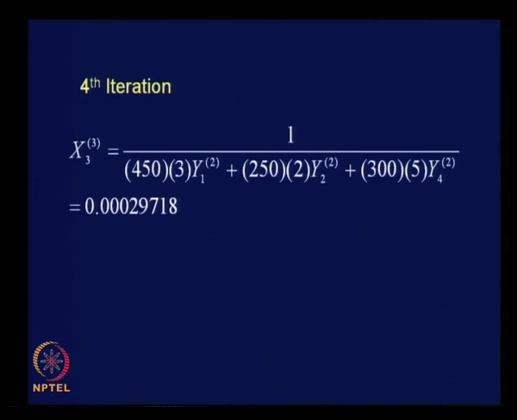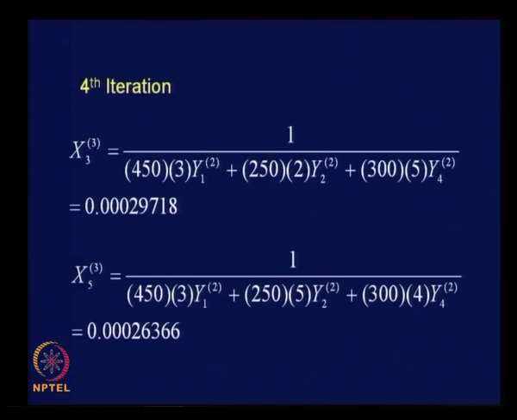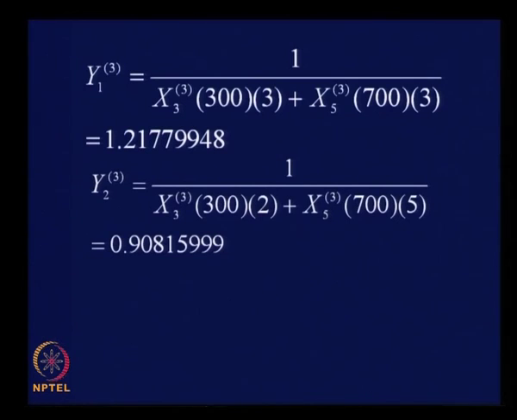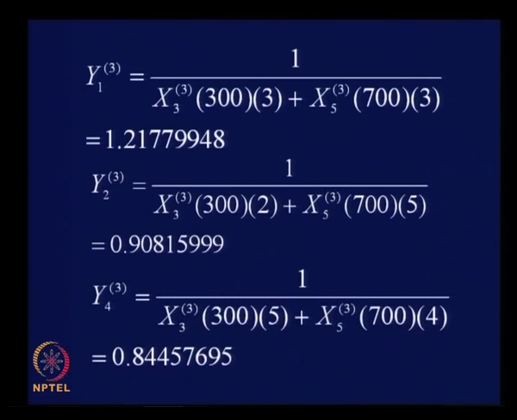Maybe a little later I will show you the comparison. x5 we calculate as given here, and then we calculate the value of y13, y23, y43, and go ahead with fifth and sixth iterative steps also.